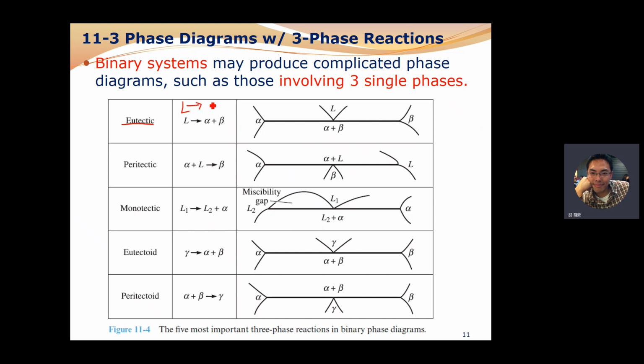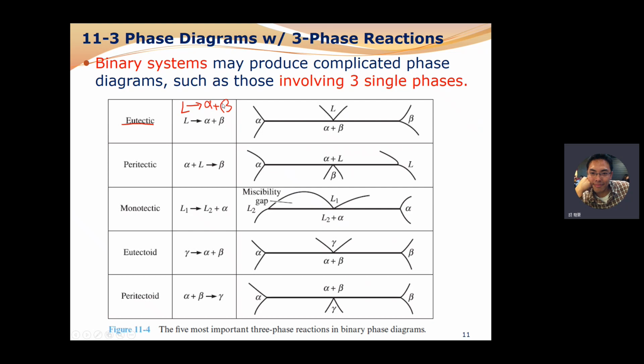What two solids? Alpha solid solution and beta solid solution. So from any phase diagram, we can find this reaction from liquid converting to two solid phases, and it is the eutectic reaction.